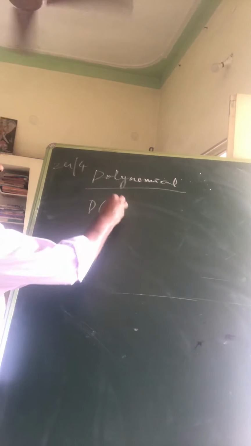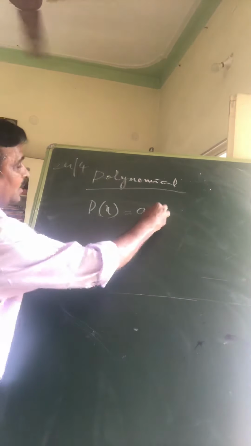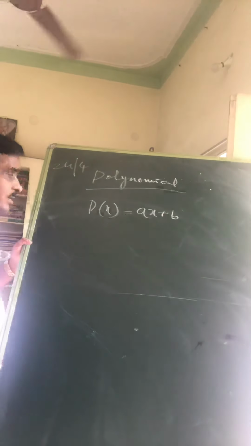of three types. One is the linear polynomial, the quadratic polynomial and the cubic polynomial. This classification is made depending upon the degree of the polynomial. If the degree of the polynomial is 1, it is called a linear polynomial. Example, ax plus b.